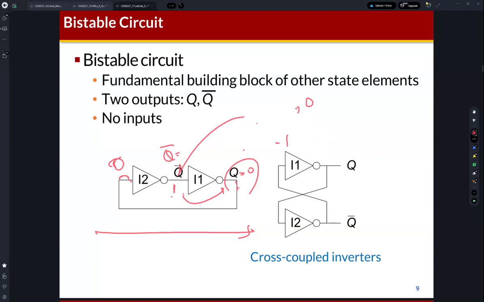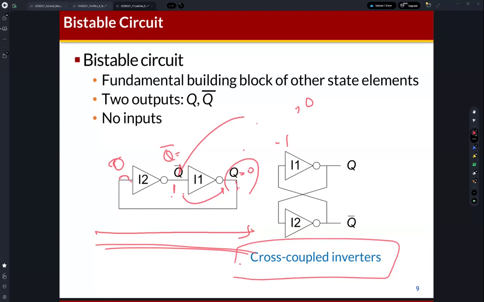Actually, we can build a bistable circuit like this, but we can also draw this bistable circuit like this. It's cross-coupled inverters. Actually, it's the same. So there are two terminals, Q and Q bar.